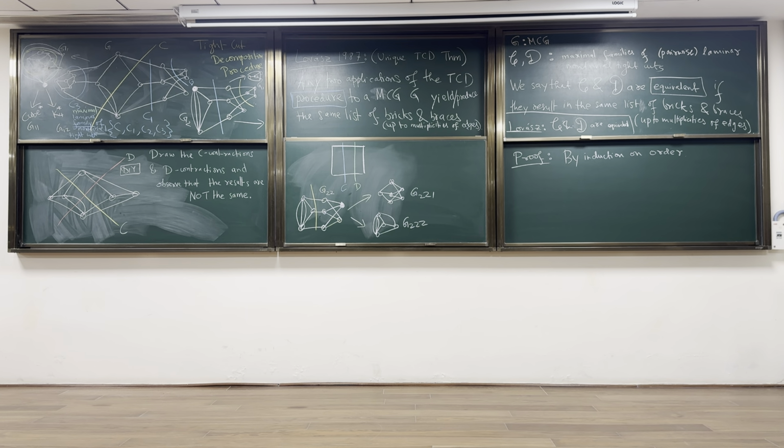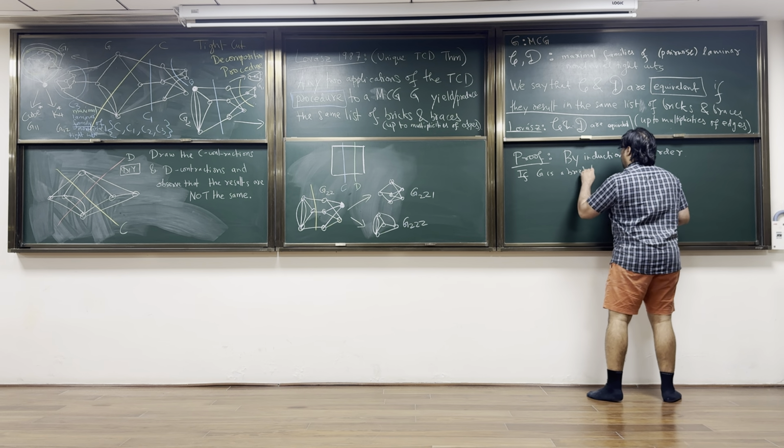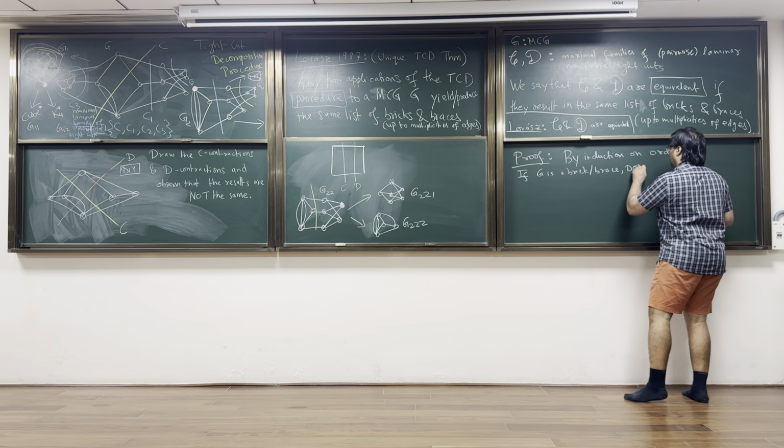So, if G is a brick or a brace, done. Otherwise, assume that it's not a brick or a brace.